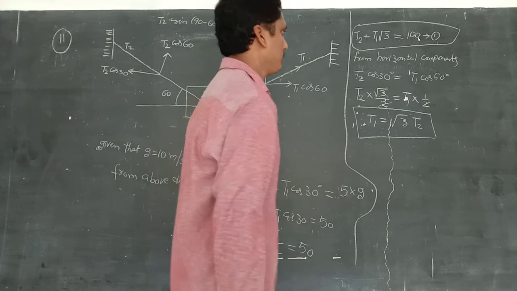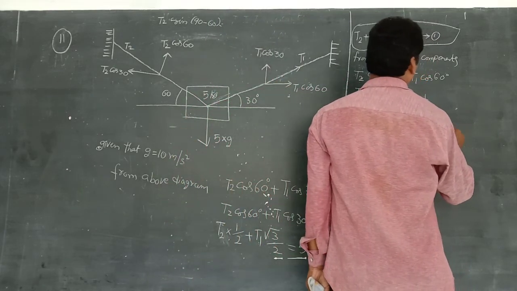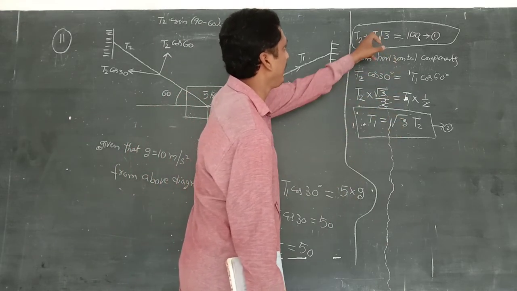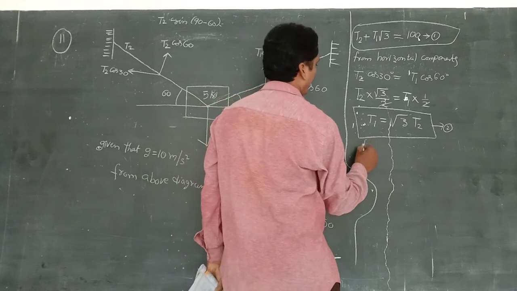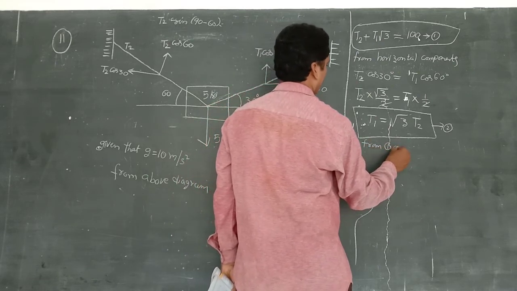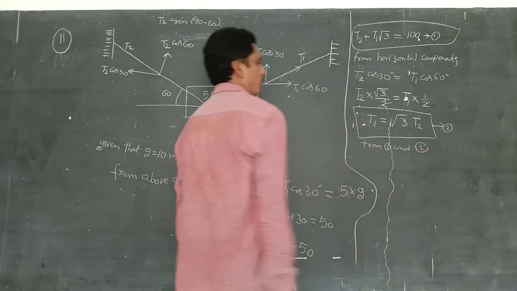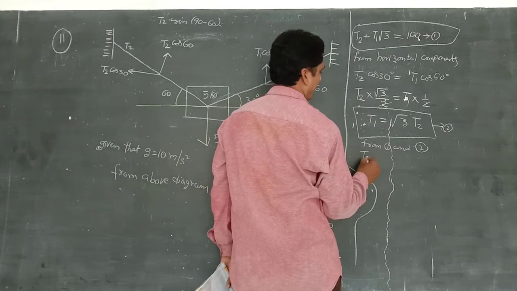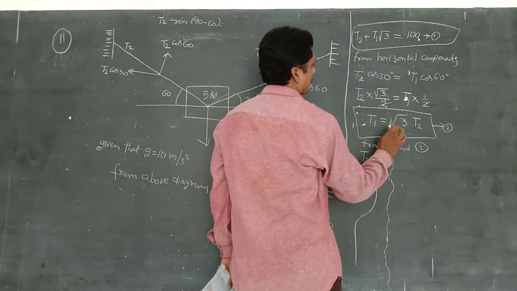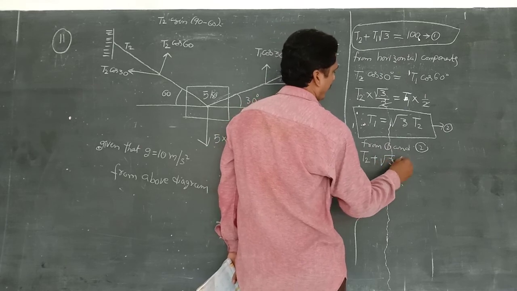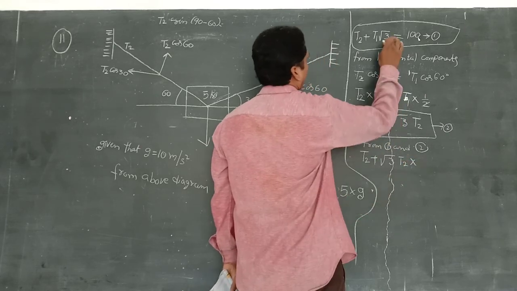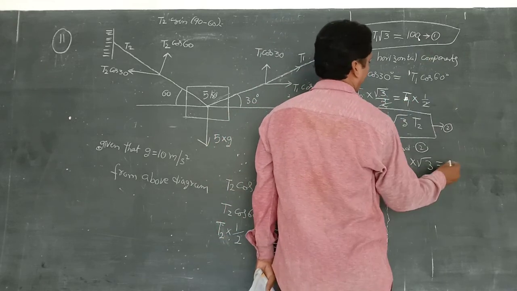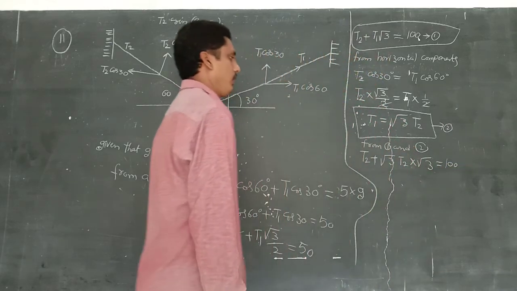From 1 and 2, look here, students. Here is T1; substitute this value here. T2 plus root 3 into T2 into root 3 is equal to 100.